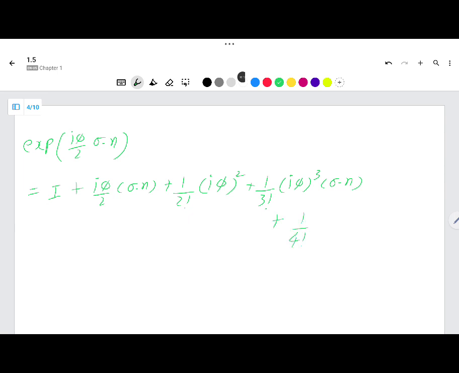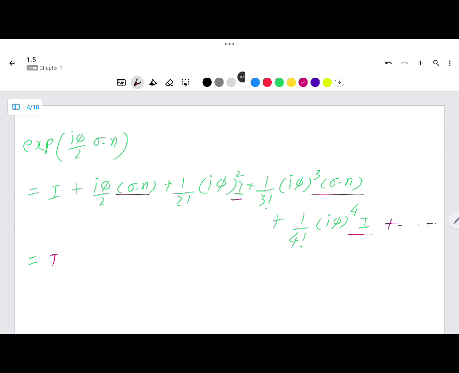Then there is the fourth power. This will again be just identity, and so on. So what we can try to merge here is the identity terms, and we'll merge these sigma dot n terms.